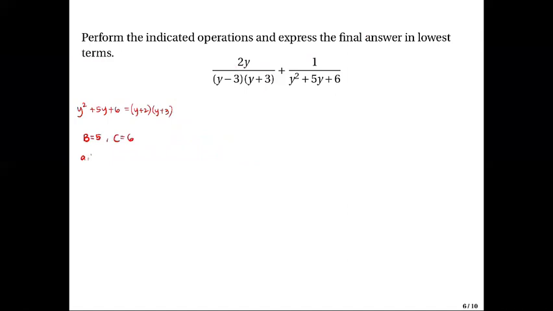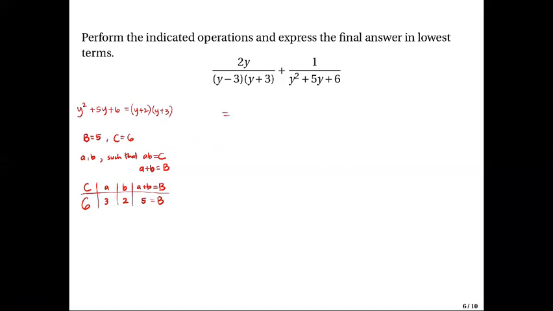So you need to find A, B, such that the product AB is equal to C, and the sum A plus B is equal to capital B. So capital C, that's just 6. You can use 3 and 2. And if you add them, that's equal to 5, which is precisely your B. So that's why you have y plus 2 times y plus 3.